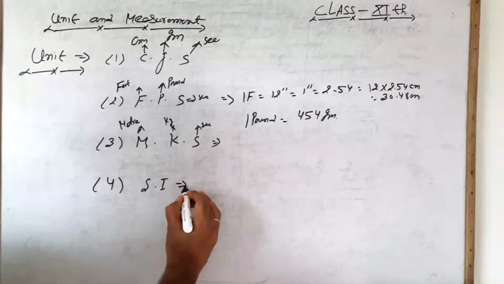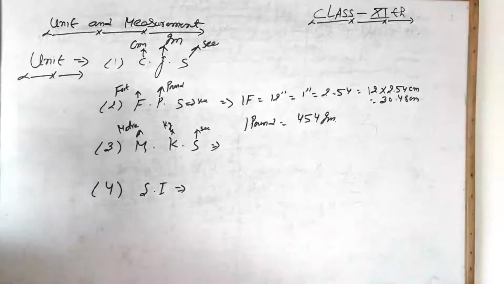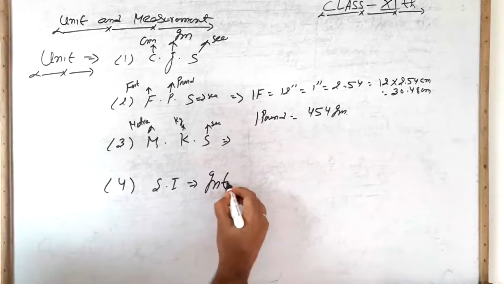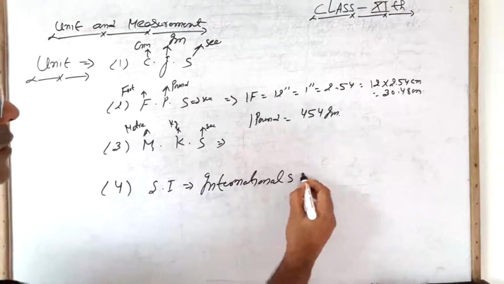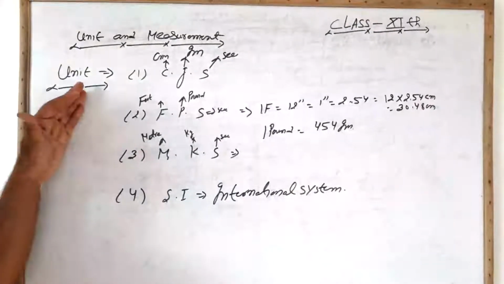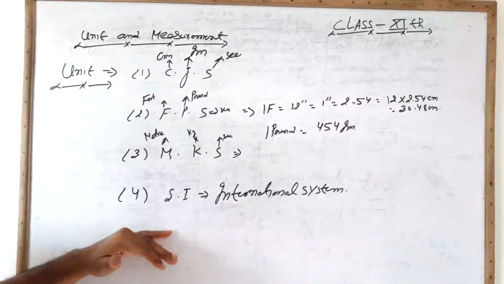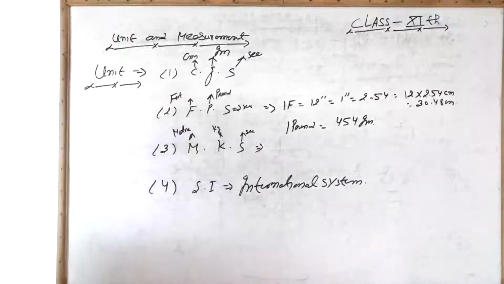Lots of students say, sir, system of international. No, the proper way is International System. So these are the types of units: CGS, FPS, MKS, and SI. What is the full form of SI? International System.